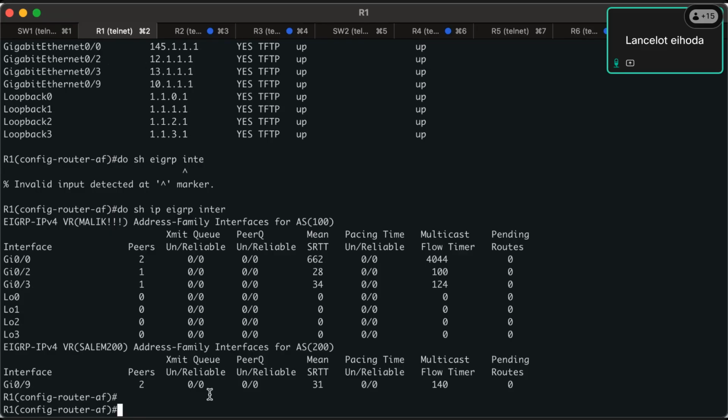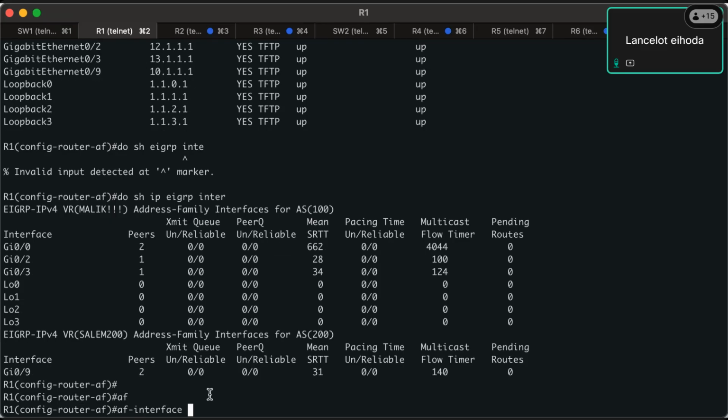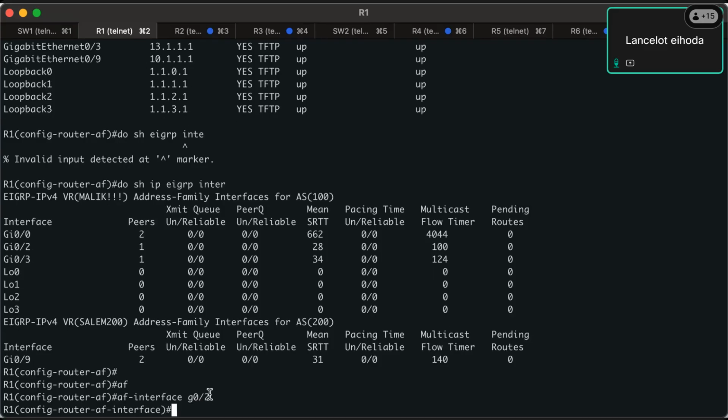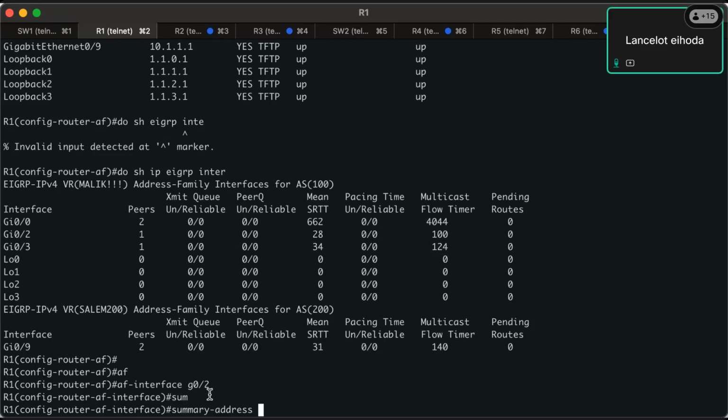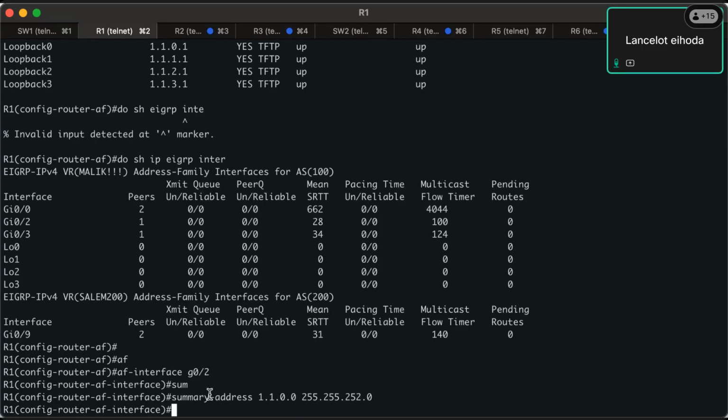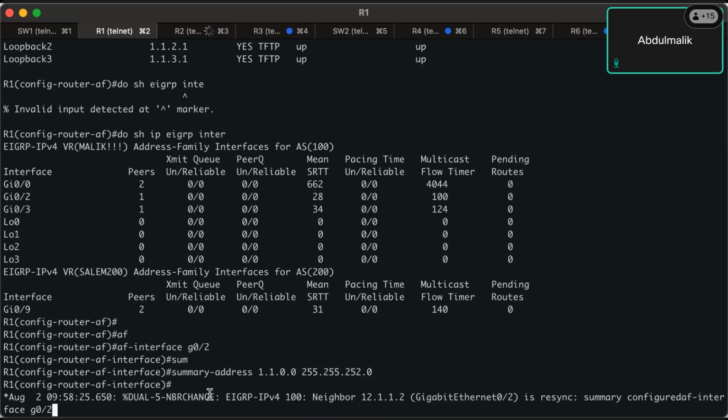So if we go under AF interface for G0/2, we can now summarize the address to 1.1.0.0. Do you guys remember how to do summary addresses? Okay.